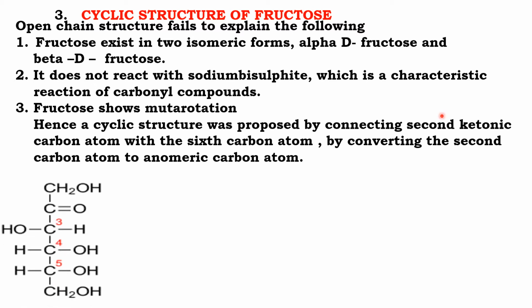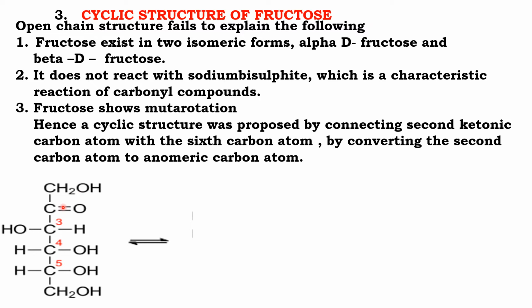So, a cyclic structure was proposed by connecting the second ketonic carbon atom with the sixth carbon atom by converting the second carbon atom to an anomeric carbon atom. So, when a cyclic structure has formed, the second ketonic group becomes the anomeric carbon atom.